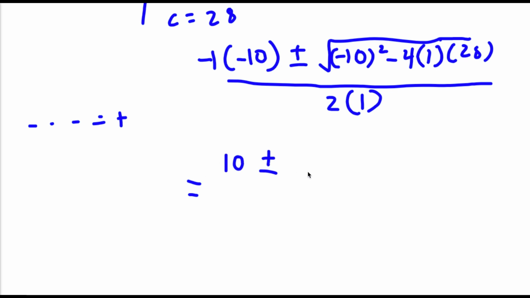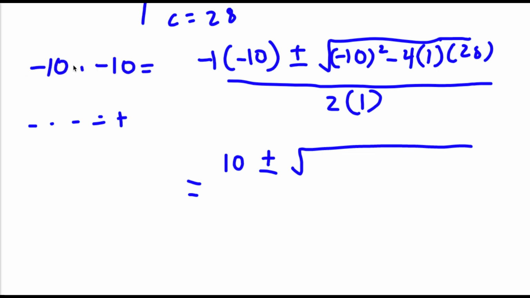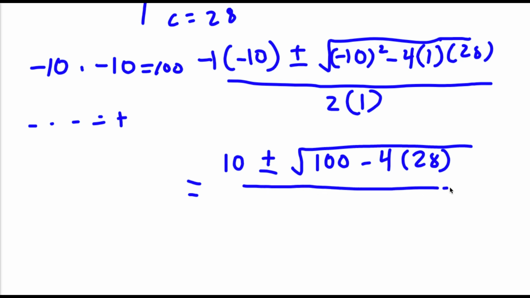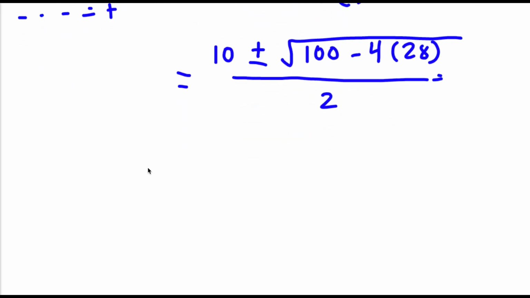I have this plus or minus the square root of negative 10 squared. Again, negative 10 squared is like negative 10 times negative 10. This is going to be a positive number, and 10 times 10 is 100. So I have positive 100 minus 1 times 28, which is simply 28. Now I have this over 2 times 1, which is obviously going to be 2.